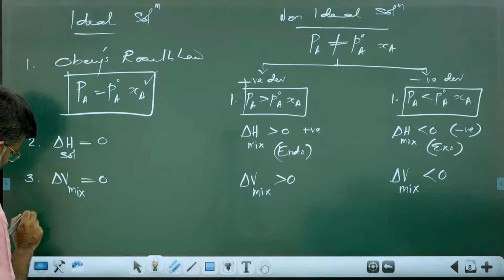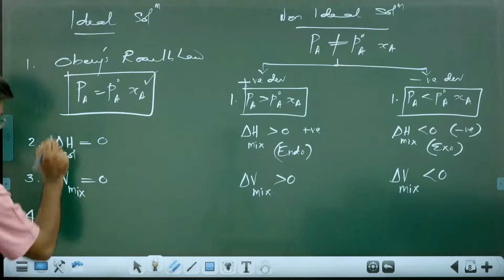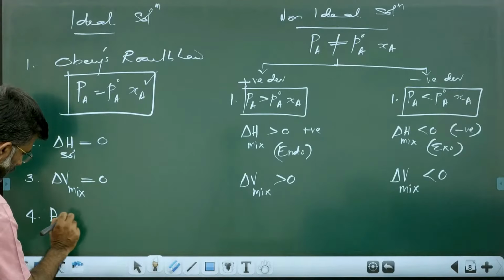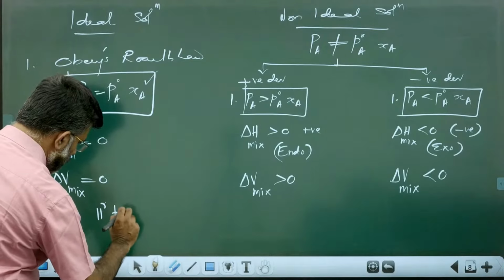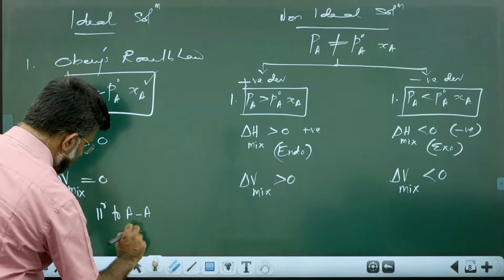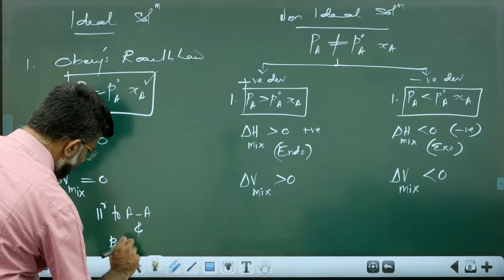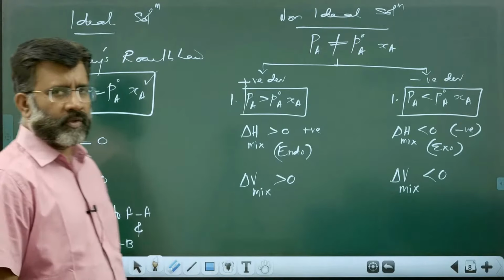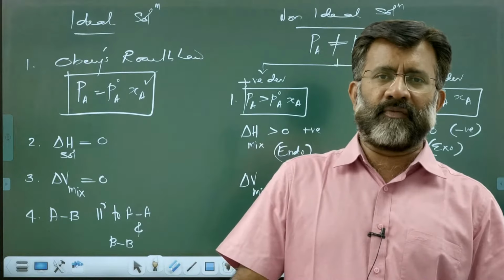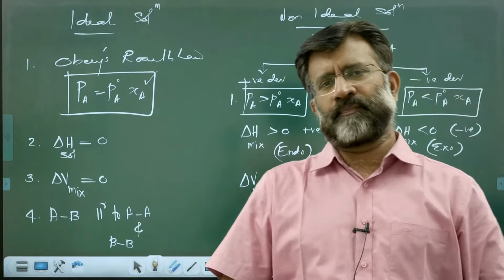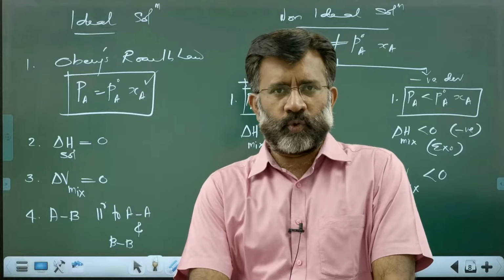Okay, for all these cases, the characteristics will be like this. For ideal solution, AB molecular interaction is similar to AA molecular interaction and BB molecular interaction. So the molecular interactions before mixing and after mixing will be almost the same for ideal solution.